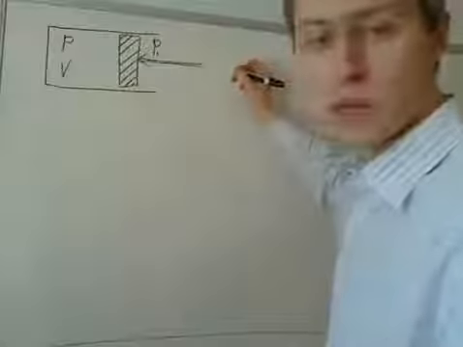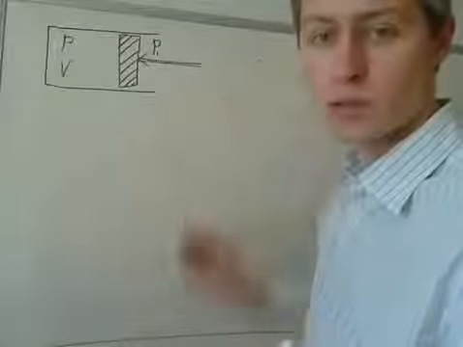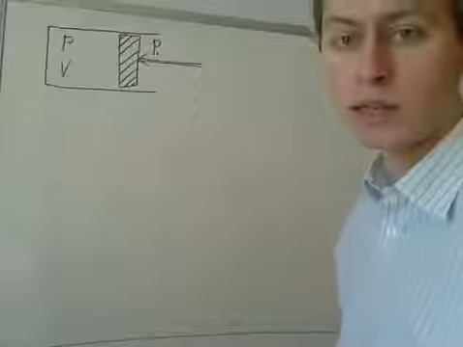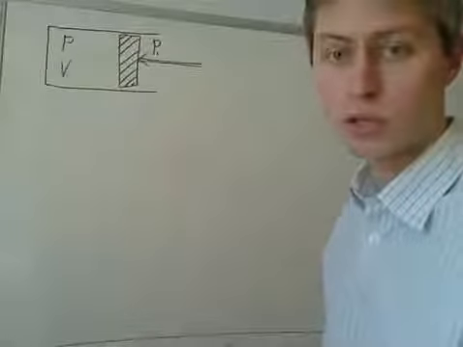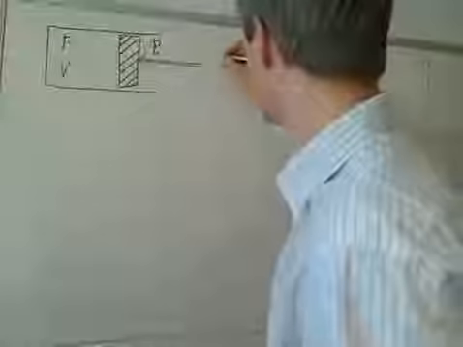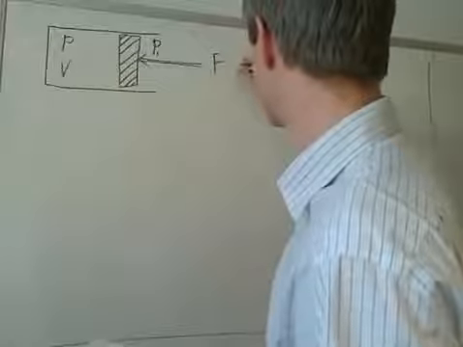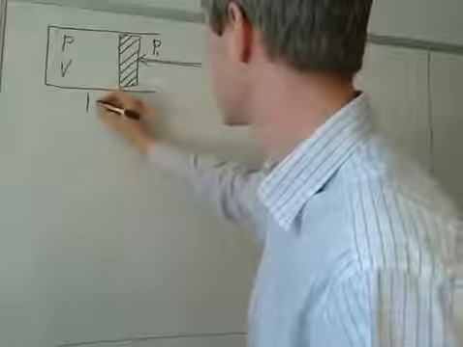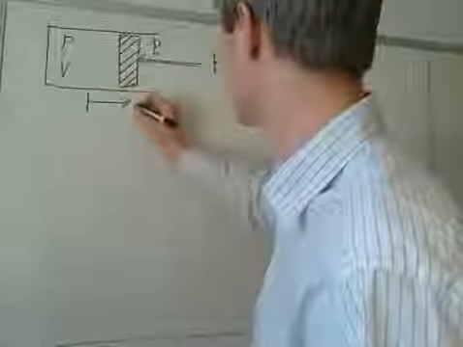So what do we know about the magnitude of the force? It's applied by a spring, so we assume that the force is proportional to displacement. So the force is equal to the spring constant times x, and x is the displacement of the piston here.